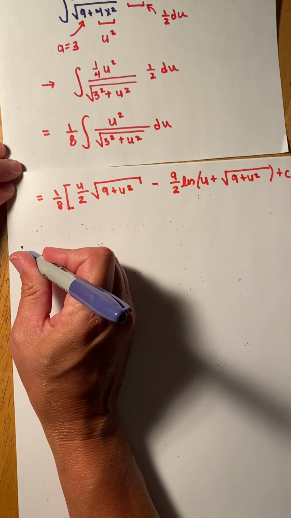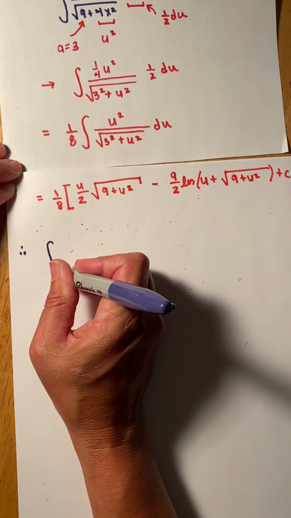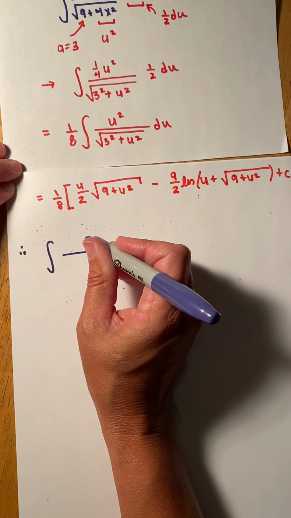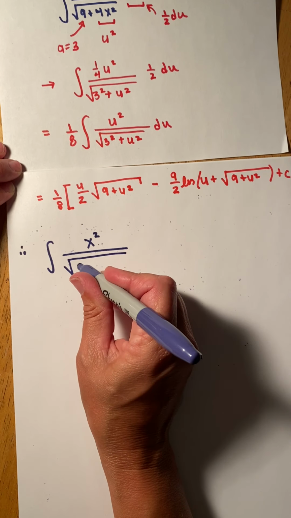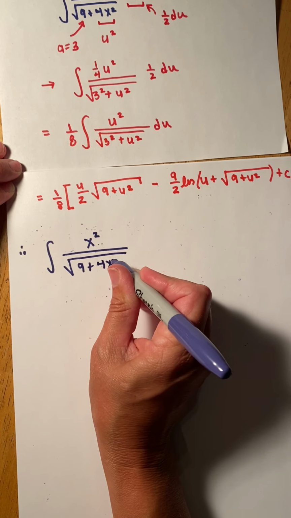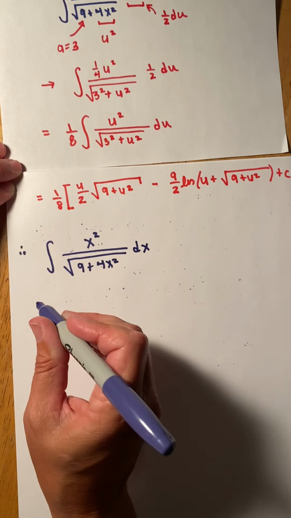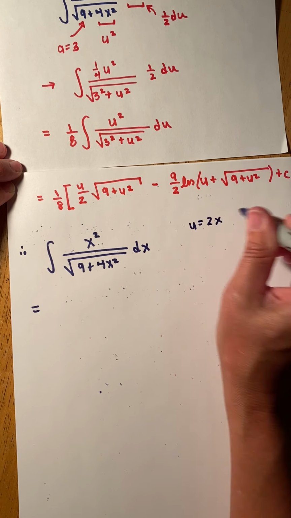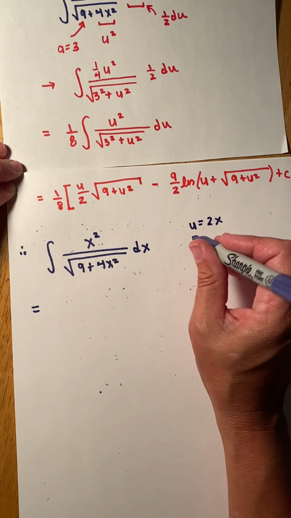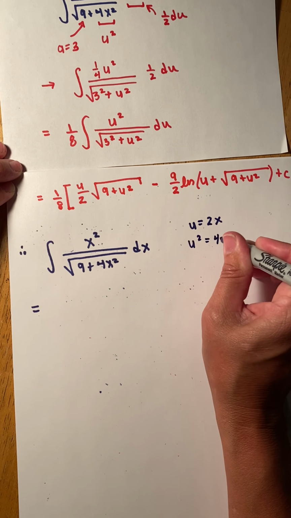So now we've got to put it back in terms of x. So therefore my original integral, x squared over the square root of 9 plus 4x squared dx, is going to be, so remember u is equal to 2x. u squared is going to be 4x squared.